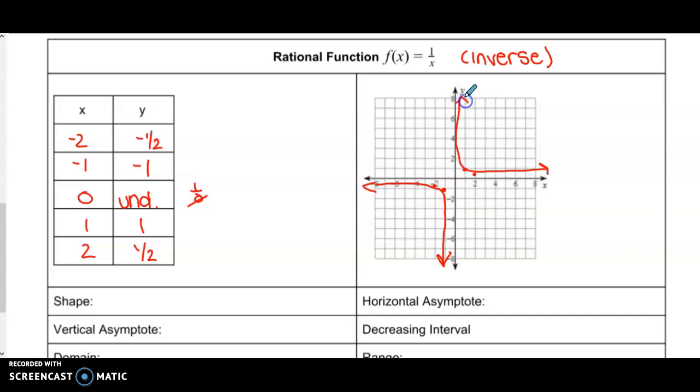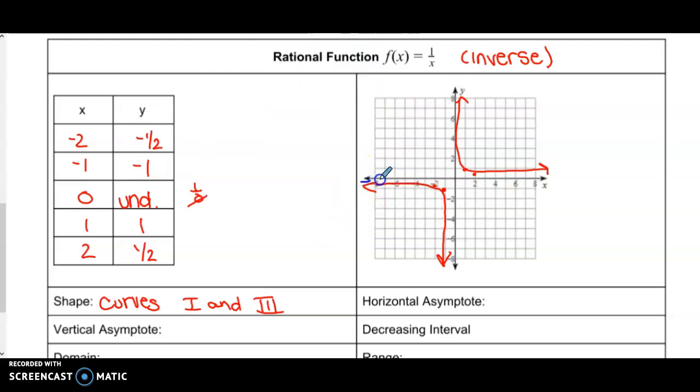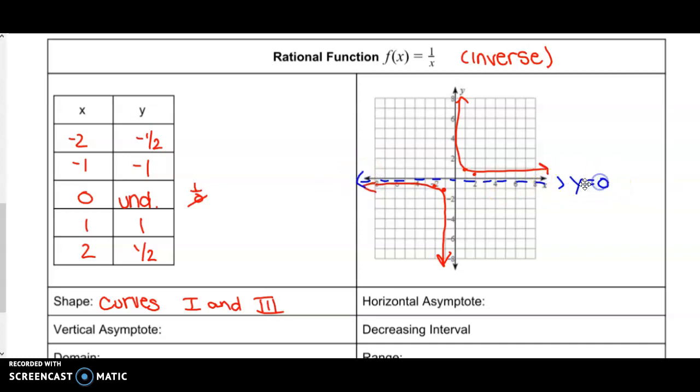So we have curves in quadrant 1 and 3. And it actually has two asymptotes. Again, it's leveling out without touching the x-axis. So we have an asymptote here, and that's at y equal to 0.